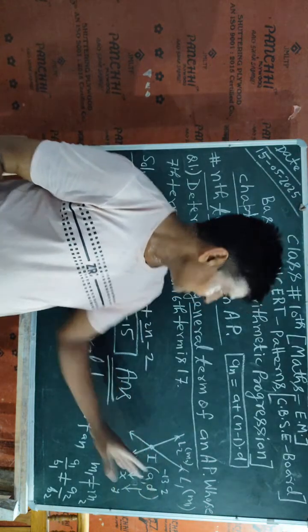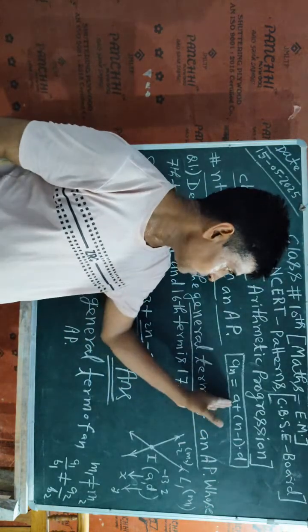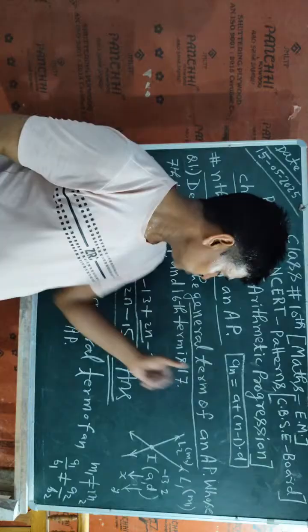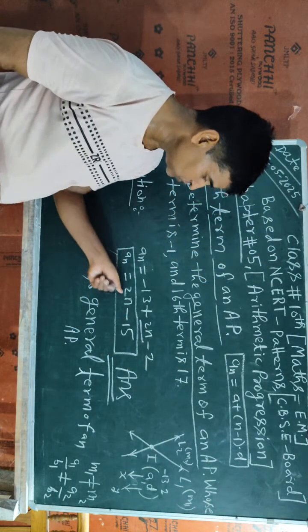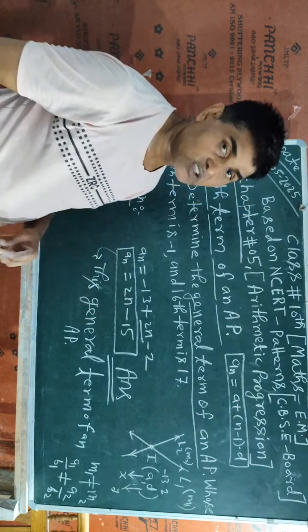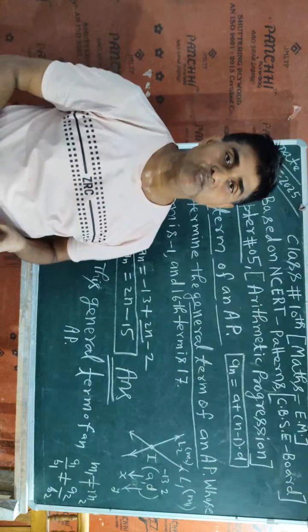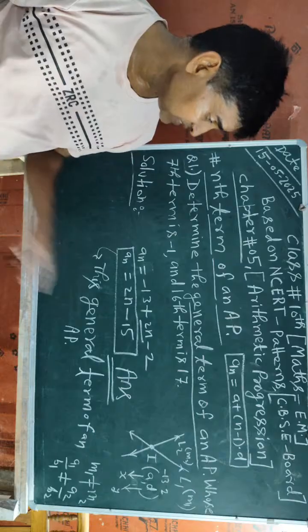The values of A and D I have substituted in the above information, and after calculating I have got an equal to 2n minus 15. Okay student, so this is the answer of the given question. According to this way I have solved. Okay student, so this is the final answer.